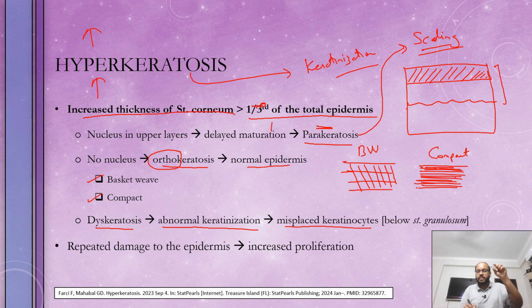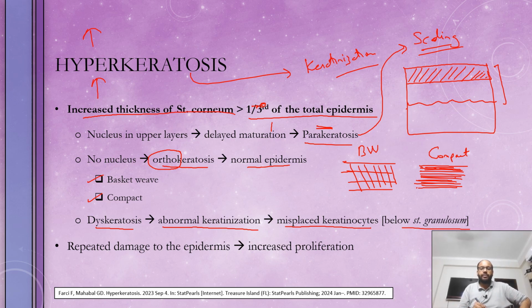That means you have cells which are not normal looking and they will be there below stratum granulosum. So if you remember, you have the basal layer, you have the spinous layer and the granulosum layer, and then you have corneocytes. But in this keratosis, you will have abnormal corneocytes below stratum granulosum because they have not properly traveled through the process of keratinization.